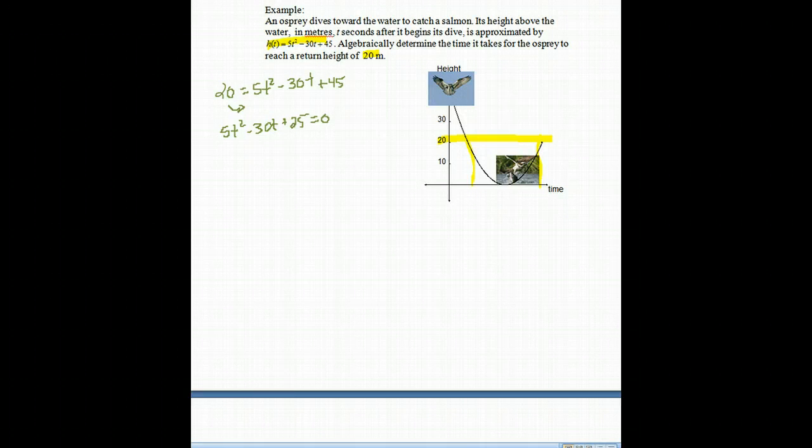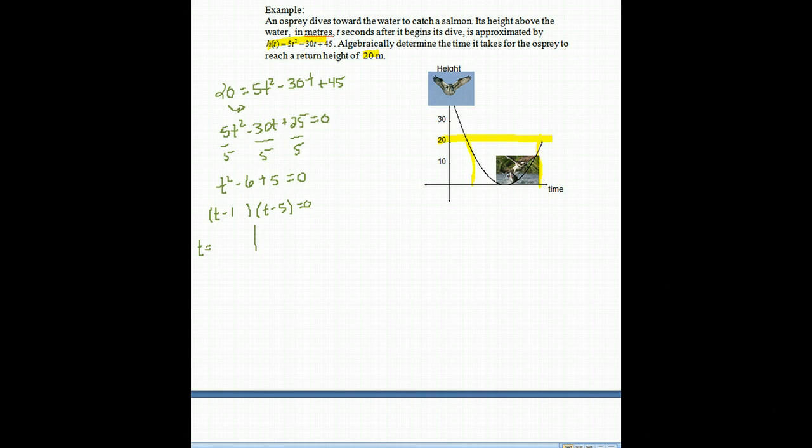Divide everything here by 5. You want your a value to be 1, if you can factor it. If not, then you have to use decomposition. And two factors of 5 that add to give you negative 6, or minus 1 and minus 5. Or negative 1, negative 5, I should say.